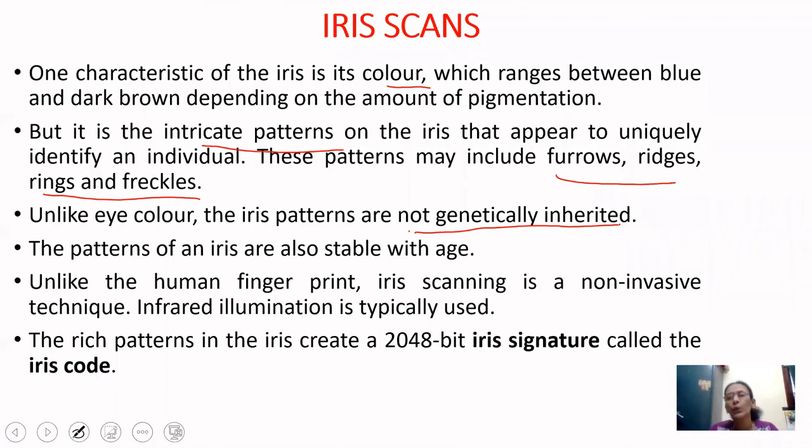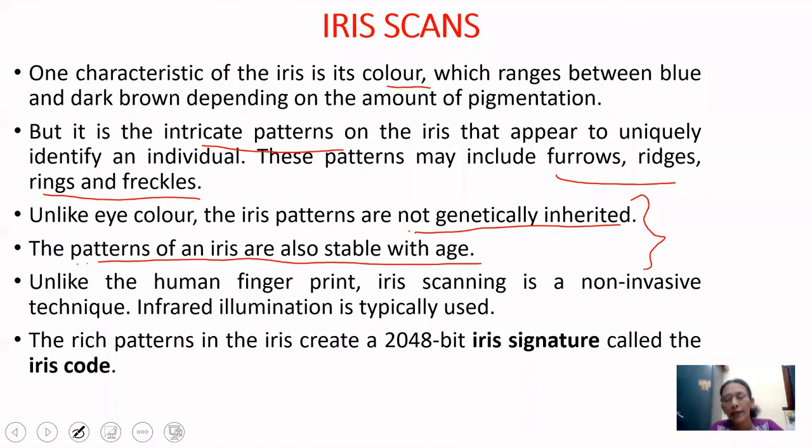That is why the iris pattern has become an important biometric sample. The patterns of the iris are also stable with age. These two factors are the main reasons why iris scans are being used.